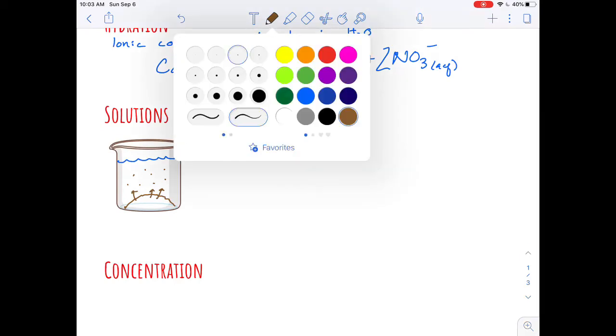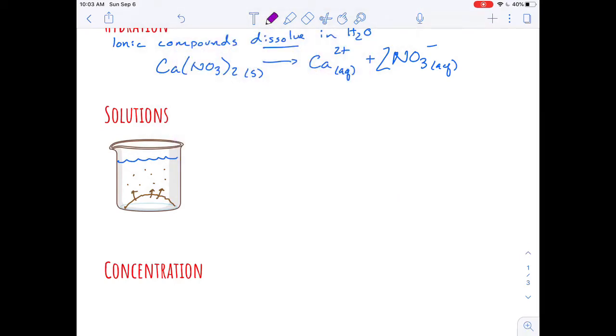But just for this one little moment, it's sitting on the bottom just for a conversation. We need to make sure we just have two very important vocab words down, is that a solution has two parts. It's the liquid, which is usually water, and that is called a solvent. And then the solid that dissolves in the solvent is called a solute.